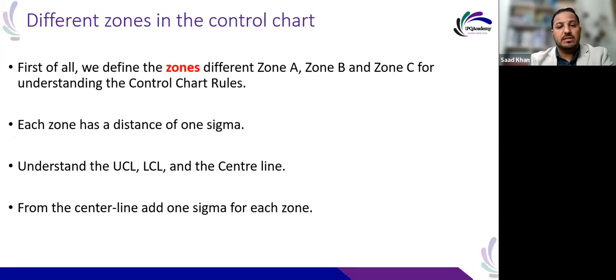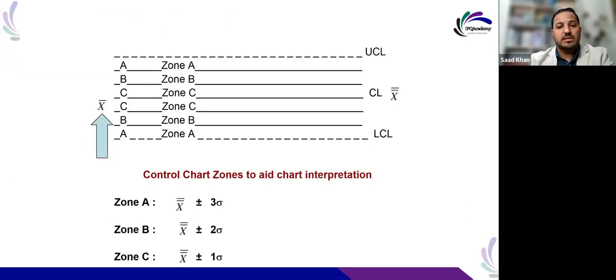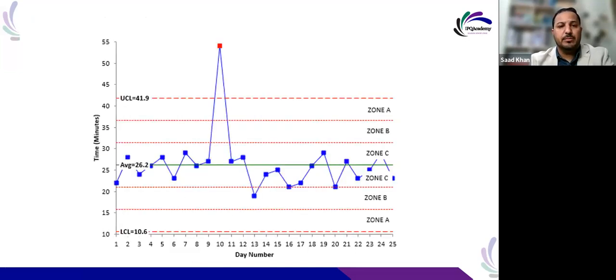This is the basic concept of the control chart. You can see on the top, you have the upper control limit, the central line, and the lower control limit. Zone A means 3 sigma plus or minus. Zone B, 2 sigma plus or minus, and zone C means 1 sigma plus or minus. So these are the zones and other labels of the graph, which help you in interpreting it.